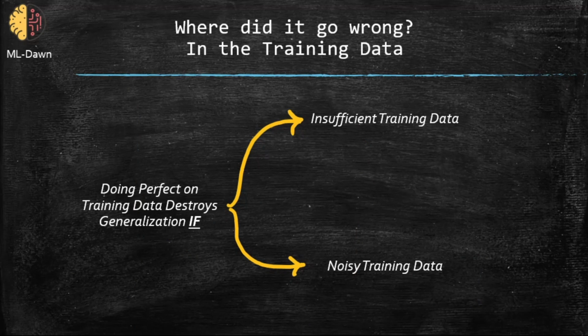You see, doing great on your training data can destroy your generalization power to the unseen data in 2 cases. Number 1, if your training data is insufficient, meaning that it is a very small subset of the population, doesn't have much variety, doesn't have a large number of samples, a very teeny tiny limited sample set that doesn't even represent the actual population.